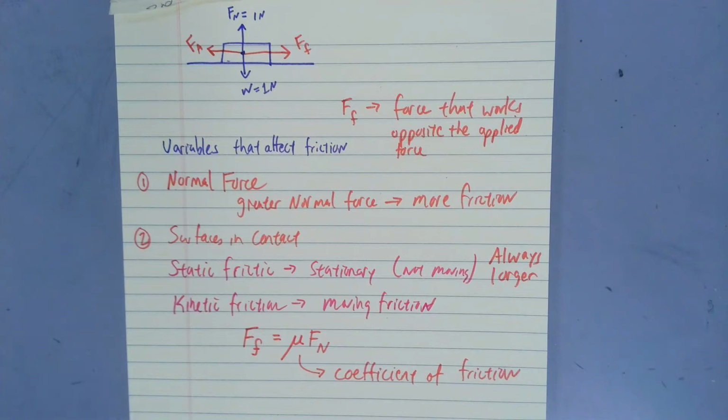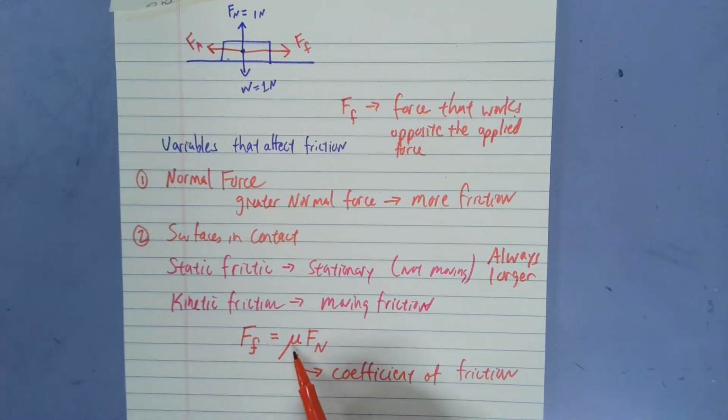It is a relative scale that tells you, okay, it's easy to slide across glass or tile, so it has a low coefficient of friction. So the smaller that number is, multiplied by the normal force, the less your frictional force. Carpet would have a high coefficient of friction when it is up against, say, wood. And you would have a higher number, which would result in a higher frictional force.